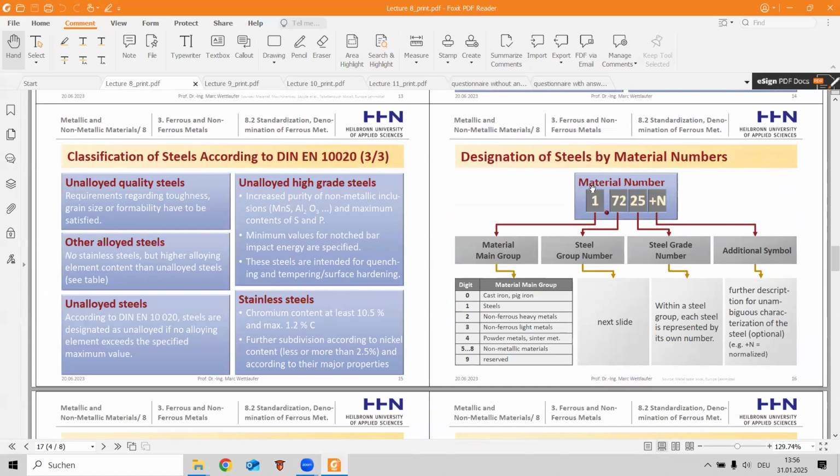In this case, the one before the dot is the material main group. So zero is cast iron, one is steels, then we have two numbers, and so on, until number 9. 72 is a steel group number.